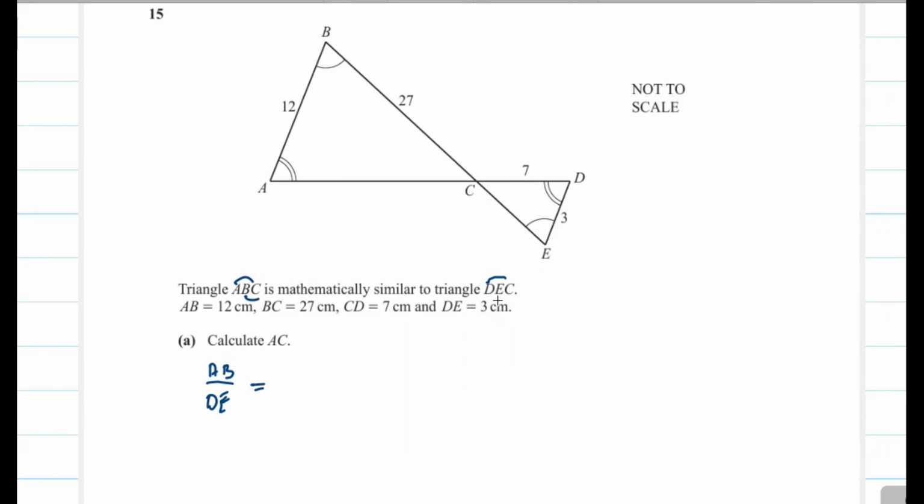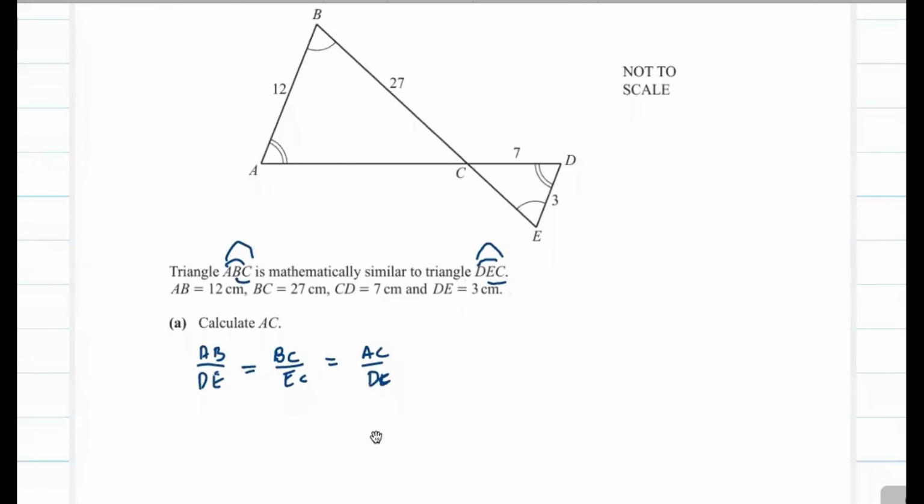The corresponding side will be EC. Now we write BC over EC, and last is AC over DC. These will be equal. Now we write the values of the sides.